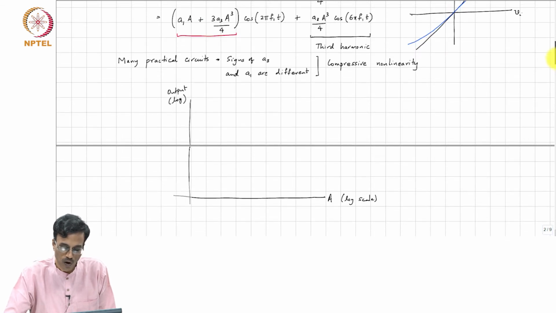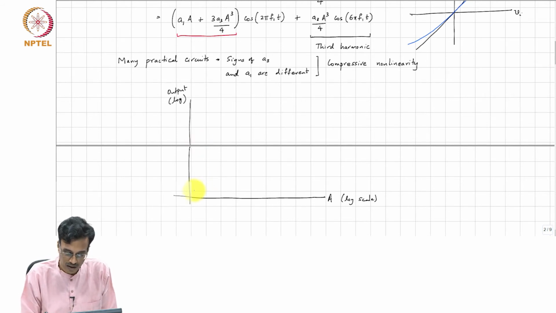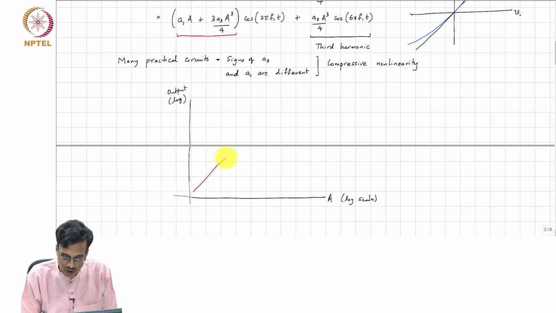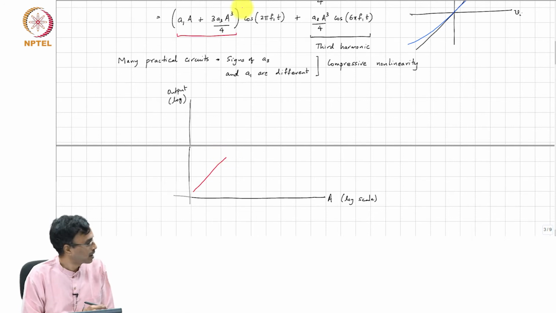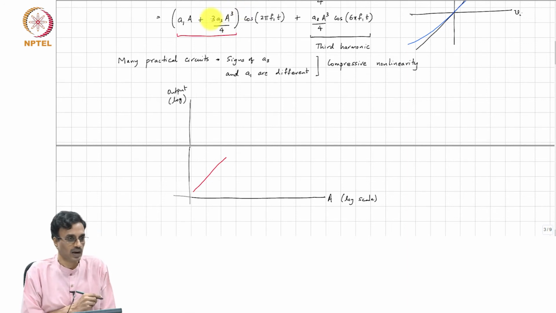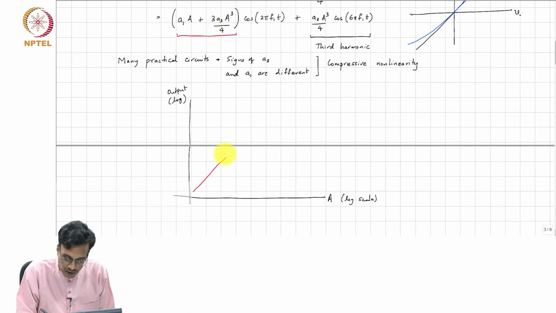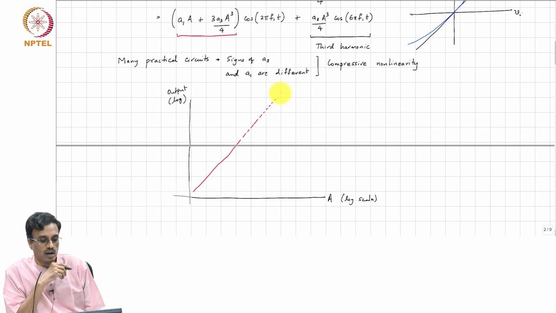So, for very small amplitudes, you basically will have a line which goes with a slope of +1, correct. Now, as you keep increasing the input amplitude, what comment can you make? Remember that A 3 and A 1 have opposite signs. As you keep increasing, if A 3 was 0, then this would keep continuing on forever. So, if A 3 is non-zero, what do you think will happen?